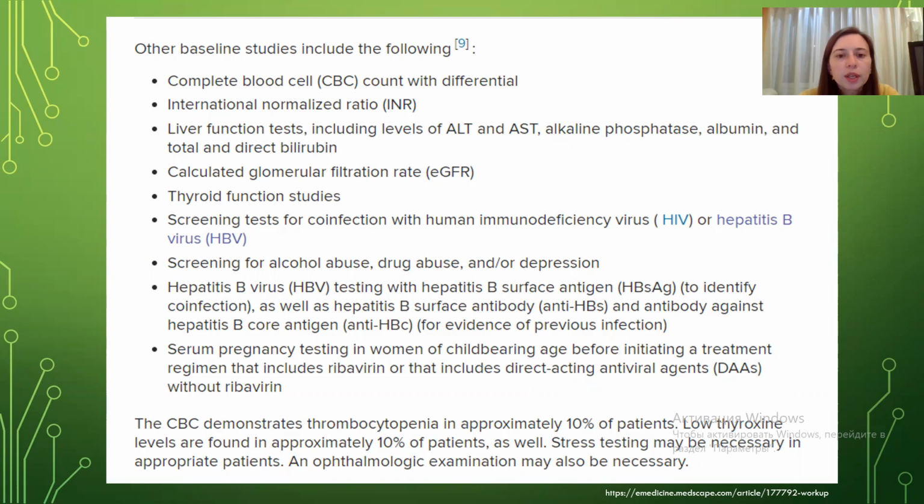Hepatitis B virus testing with hepatitis B surface antigen, as well as hepatitis B surface antibody and antibody against hepatitis B core antigen. Serum pregnancy testing in women of childbearing age before initiation of a treatment regimen that includes ribavirin or one that includes direct-acting antiviral agents without ribavirin.